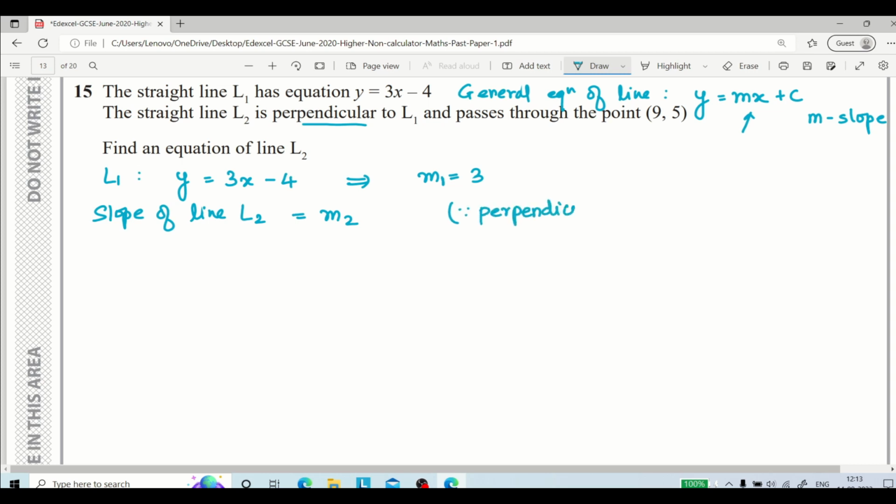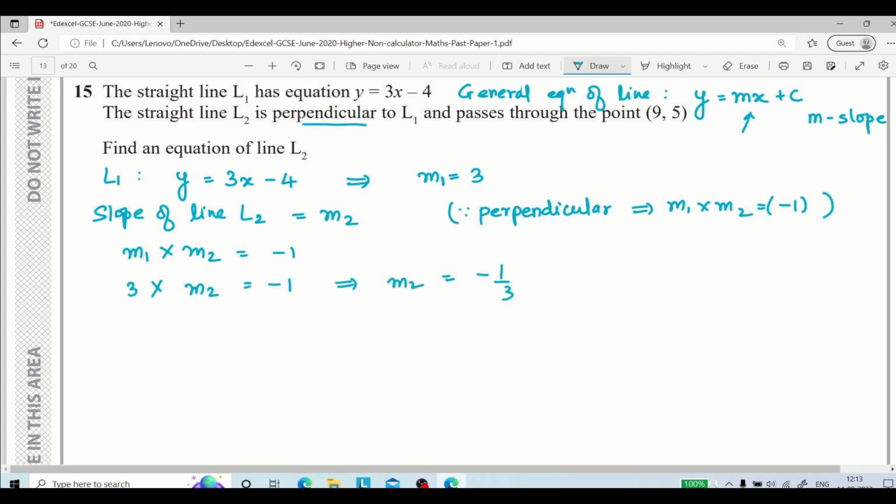Which means since it is perpendicular, you will have m1 into m2 is equal to minus 1. Okay. So that will give you m1 into m2 is equal to minus 1. m1 is how much? 3. So this implies your m2 is going to be minus 1 upon 3.